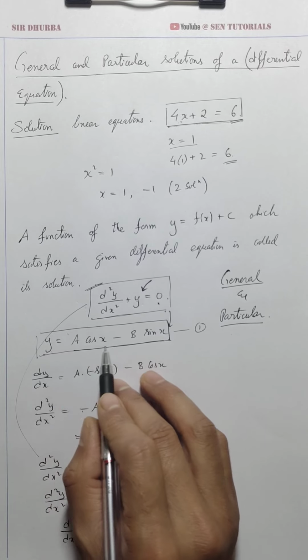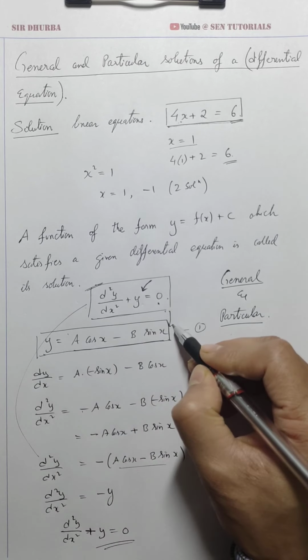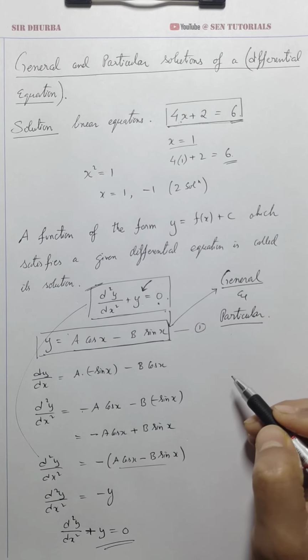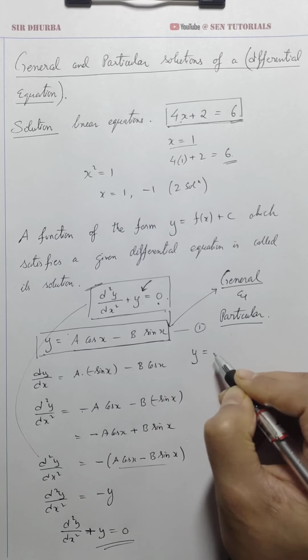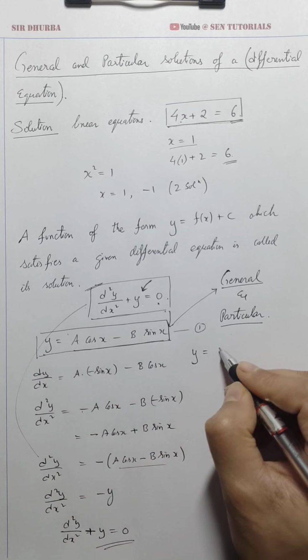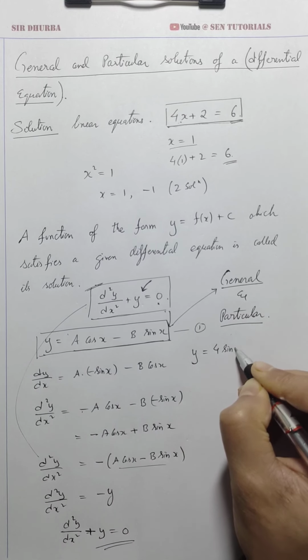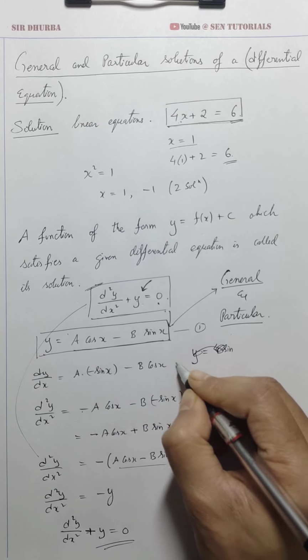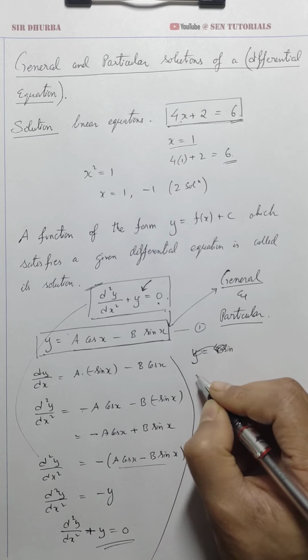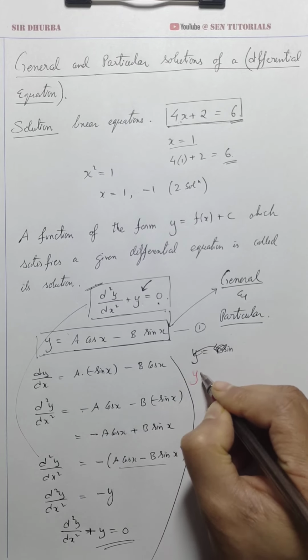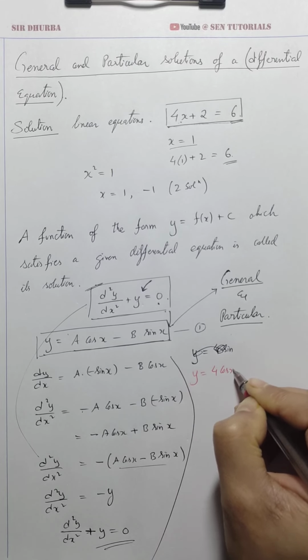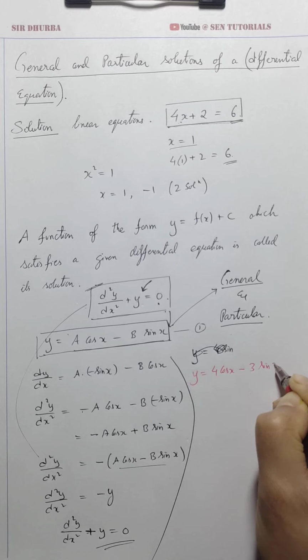This solution that I got for this differential equation goes to general solutions. Particular solutions will be like, instead of these arbitrary constants, if I have an equation like y equal to 4 cos x minus 3 sin x.